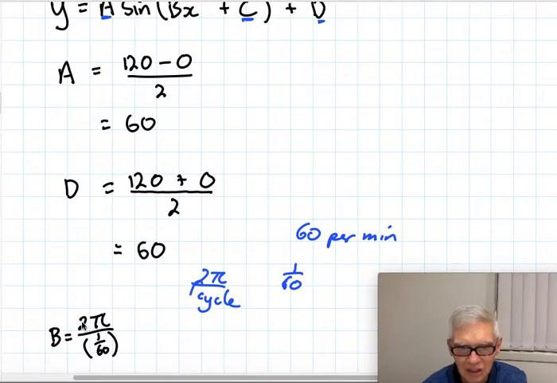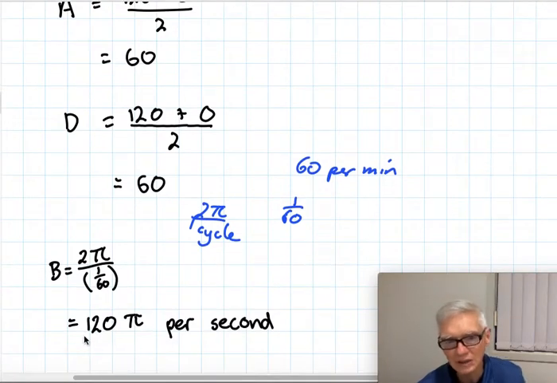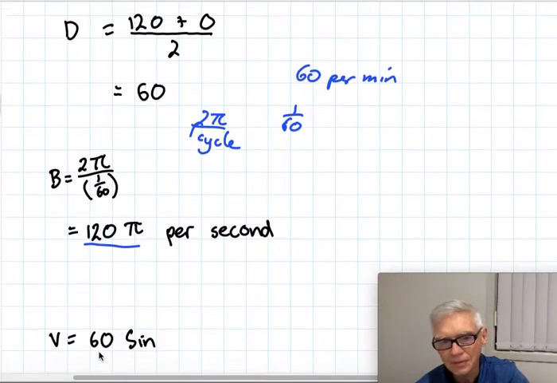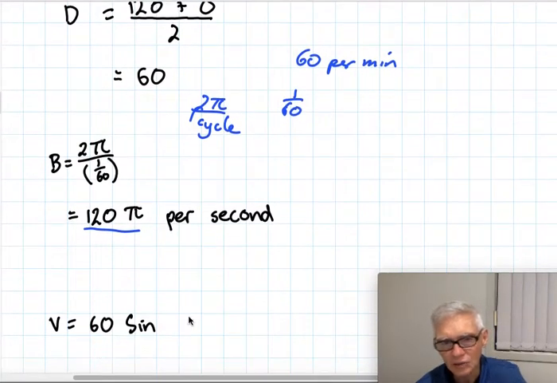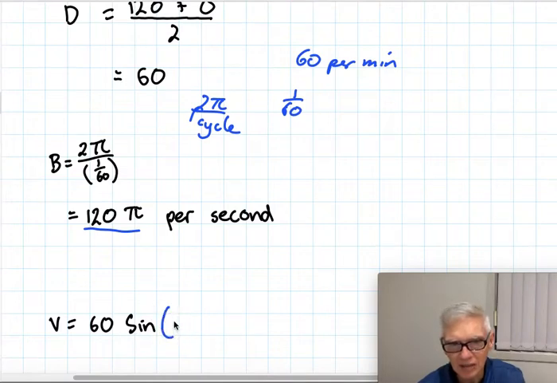And I suggest on your calculator, you do 2 divided by 1 over 60, and you should get 120. So it's 120 pi per second. That will be for your period. So voltage equals 60 sine of 120 pi plus c, a sideways shift, plus 60.